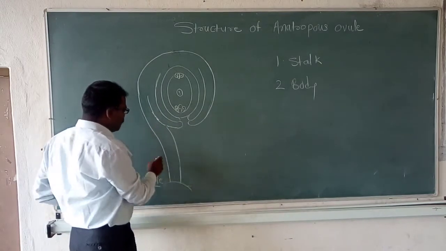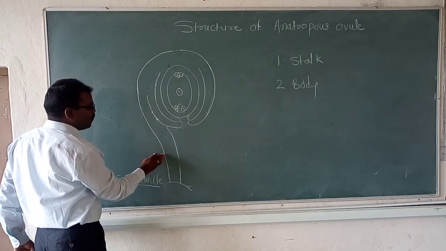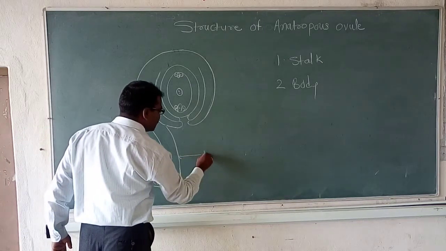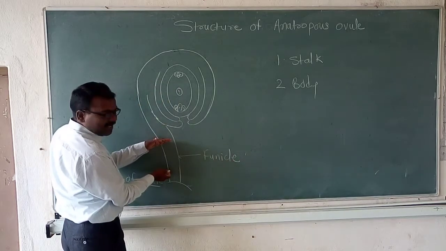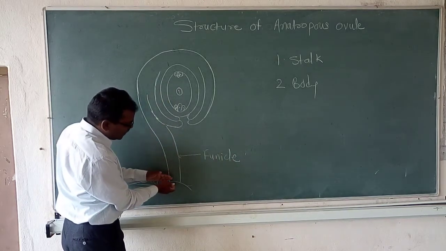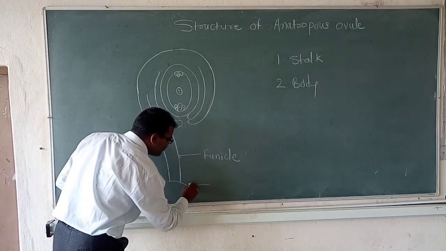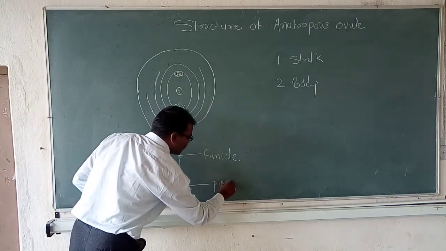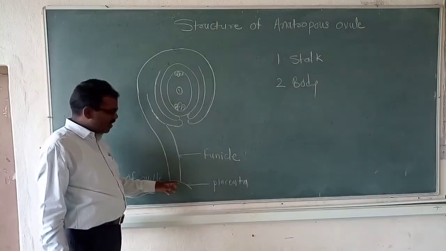Stalk of the ovule is called funicle. Funicle is attached to the ovary wall by means of placenta. What is the function of placenta?